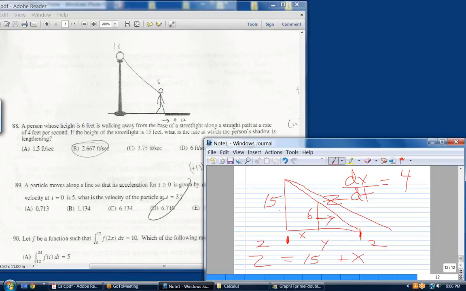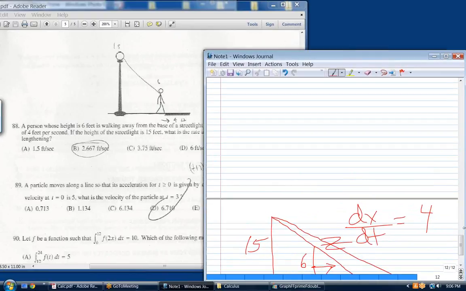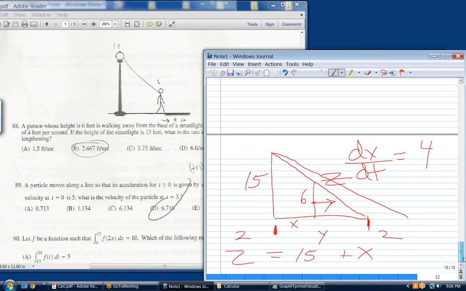So we need an equation that relates everything together. Then we need to implicitly differentiate it and plug in the knowns and what we're trying to figure out.